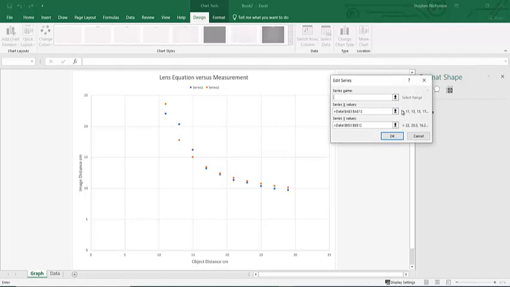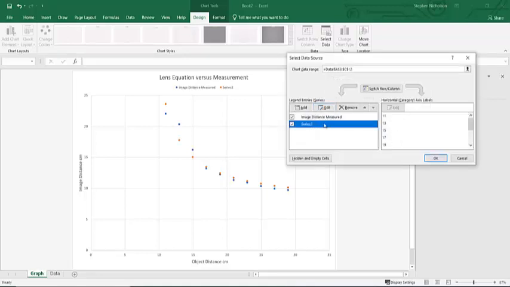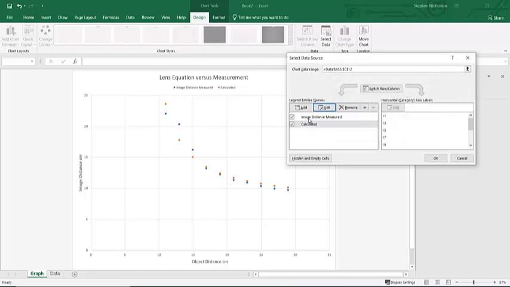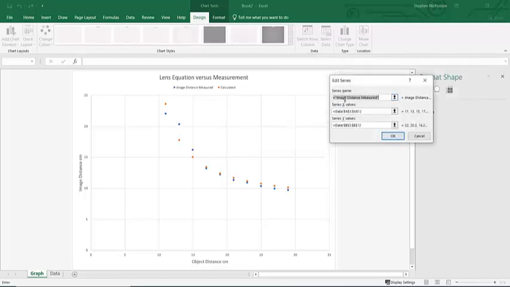It doesn't have a name, so I'm going to call it image distance measured, and then click on series 2, edit, and call it image distance calculated. We don't need all that extra stuff in there. Okay.